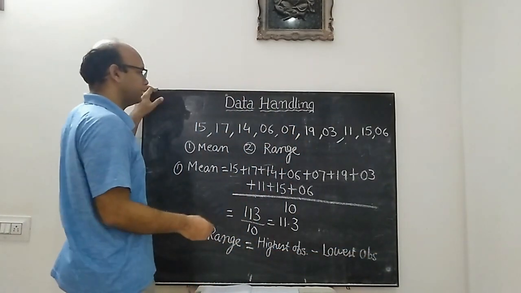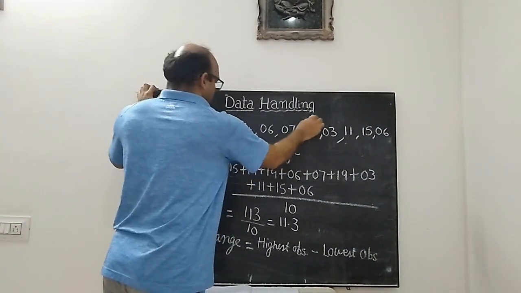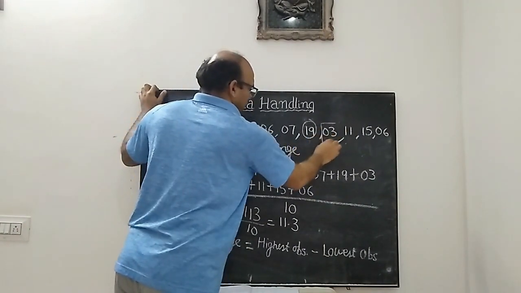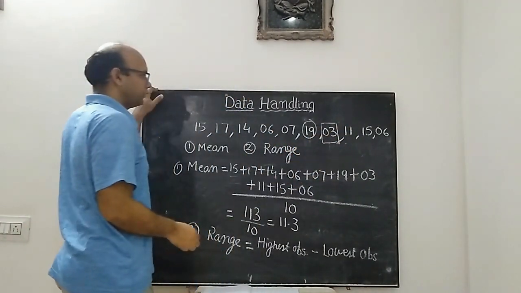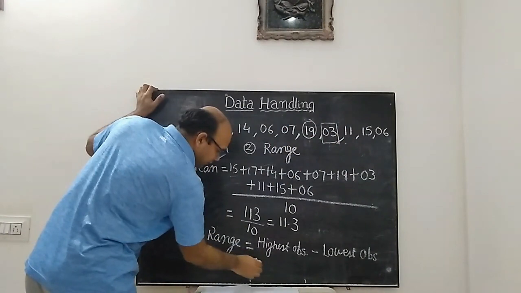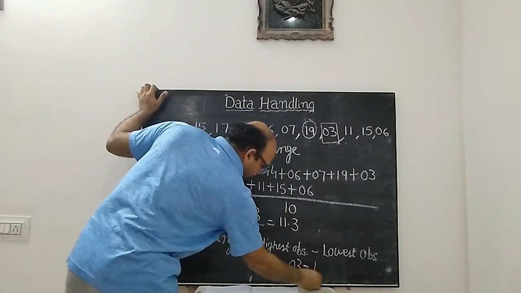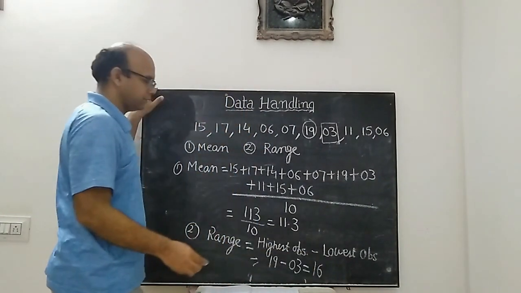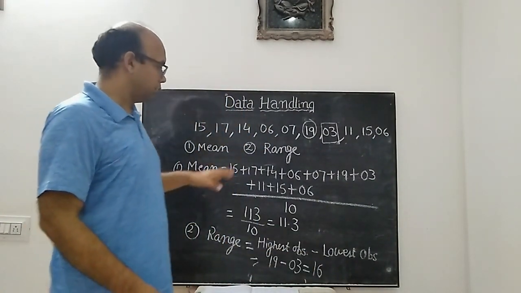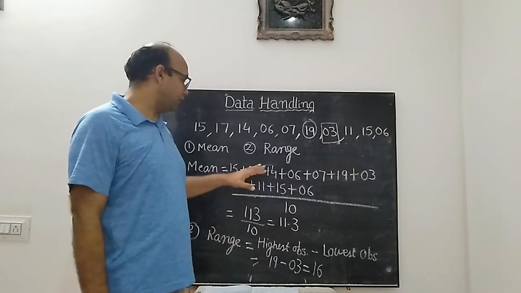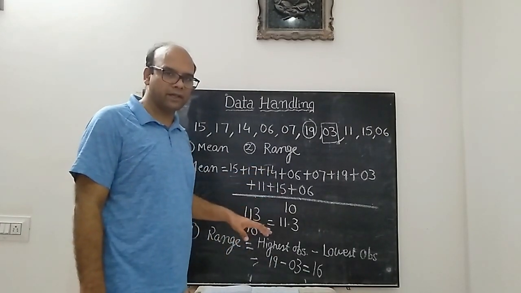Highest observation is say 19. The smallest one say is 3. So we have the range as 19 minus 3, that is equal to 16. So this is the way we will be calculating the mean and the range.